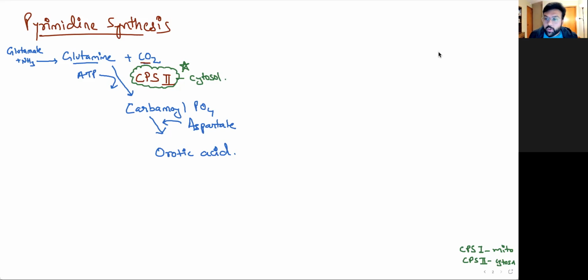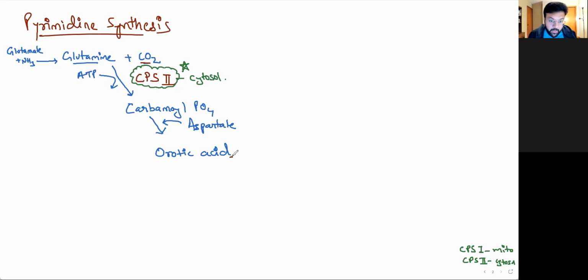Now, orotic acid, what is it? Is it a nitrogenous base or sugar? It's a nitrogenous base. Remember, in pyrimidine synthesis, this is what we begin with. We make the nitrogenous base first, then we add sugar, then phosphate, and then we make the nucleotide.